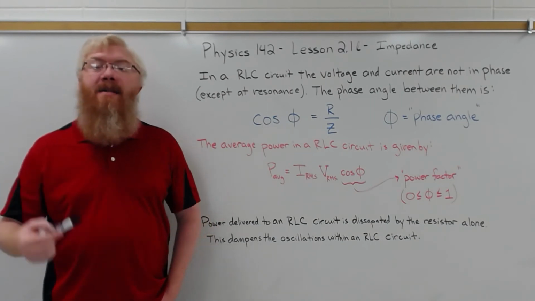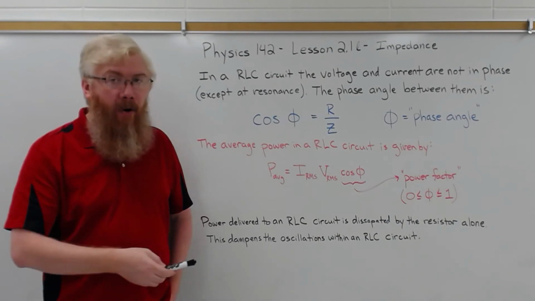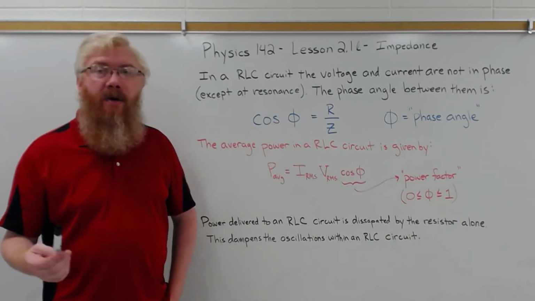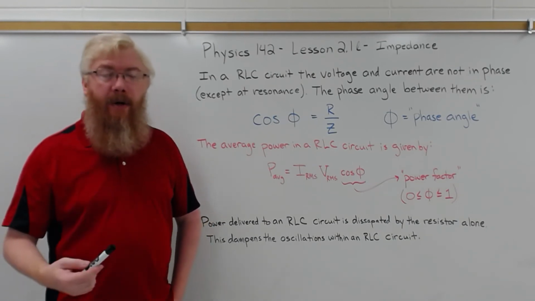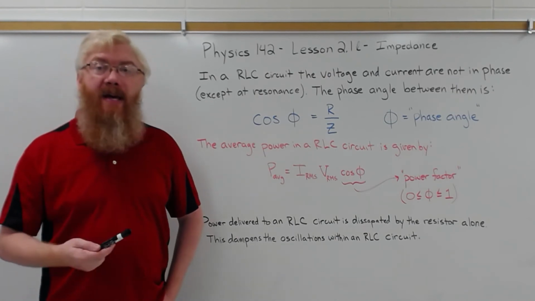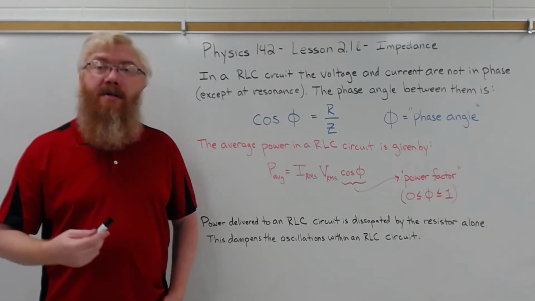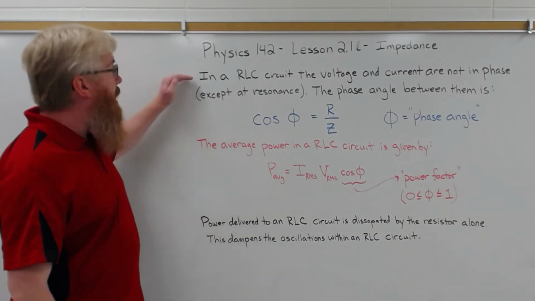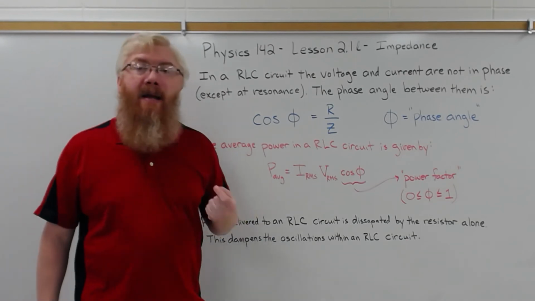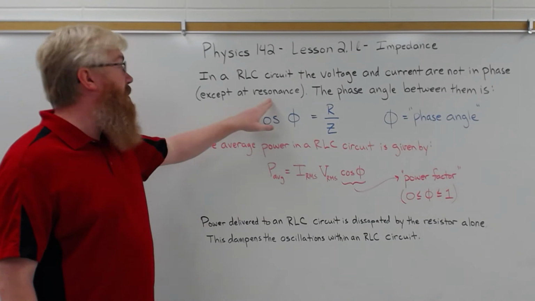In an inductive reactance circuit, we talked about how the voltage led the current. In a capacitive reactance circuit, we talked about how the voltage lagged the current. In a resistive circuit, we talked about how the voltage and the current were in phase. So what happens when we combine all three in an RLC circuit? Well, typically the current and the voltage are not in phase in an RLC circuit, with a notable exception at resonance.